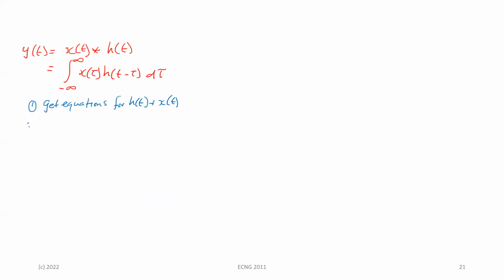So step two, change variables of integration from t to tau, right? Why?